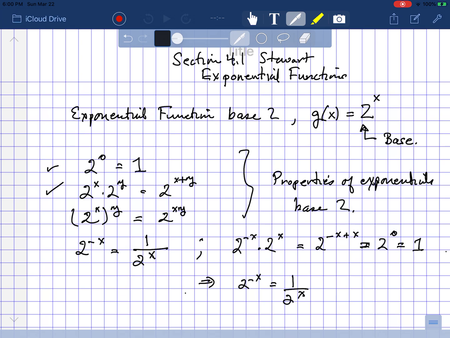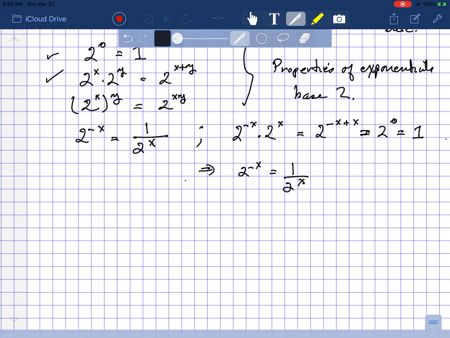Okay, so these are some of the main properties of exponentials, and we can actually translate those into terms of our function g of x equal 2 to the x. So if I look at g of x plus y, what is this? This is just 2 to the x plus y power, which we know from property 2 up here on exponentials.